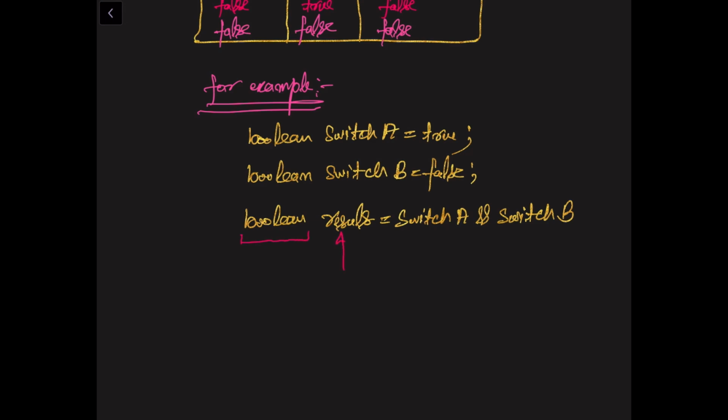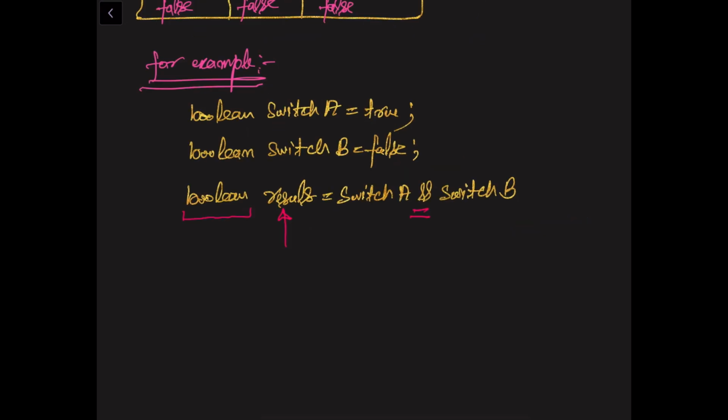We want to know the result value after using the logical AND operator. Boolean switchA is equal to true means that switch A is on, and boolean switchB is equal to false means that switch B is off. And boolean result is switchA logical AND switchB, which means that in the result you will get the false value. Why false?